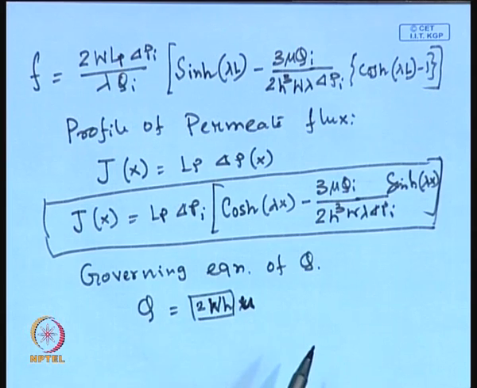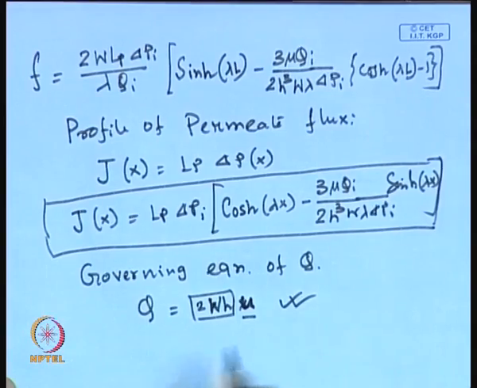The cross sectional area should be width times height, w times h, not x. That multiplied by u will be Q. So we substitute in the governing equation of Q, which, if you remember, was dQ/dx equals minus 2 w J, something like that. See what you get.